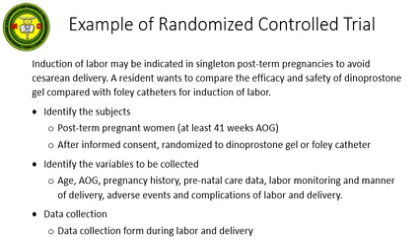So among patients who are post-term pregnancy, this is our example question earlier, a resident would want to compare dinoprostone with a Foley catheter for induction of labor. So what the resident does is that all post-term pregnant women, meaning at least 41 weeks AOG, are randomized into two groups. After asking for informed consent, they are randomized to receive either dinoprostone gel or Foley catheter.